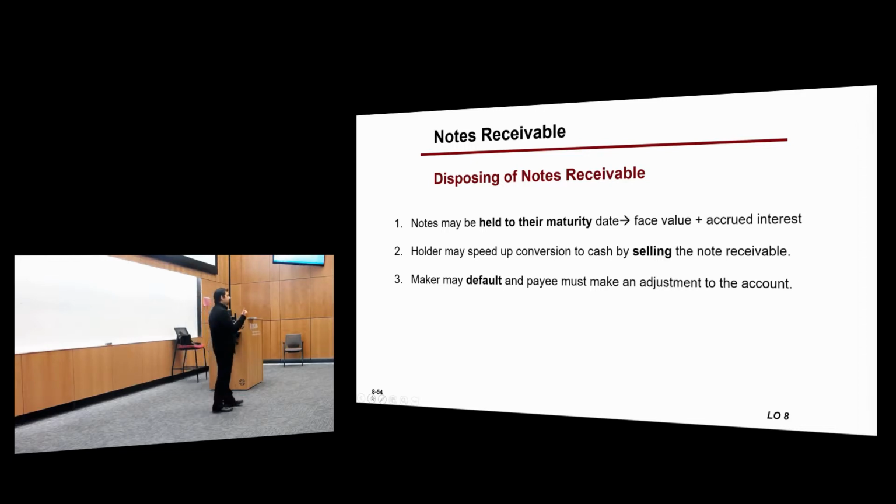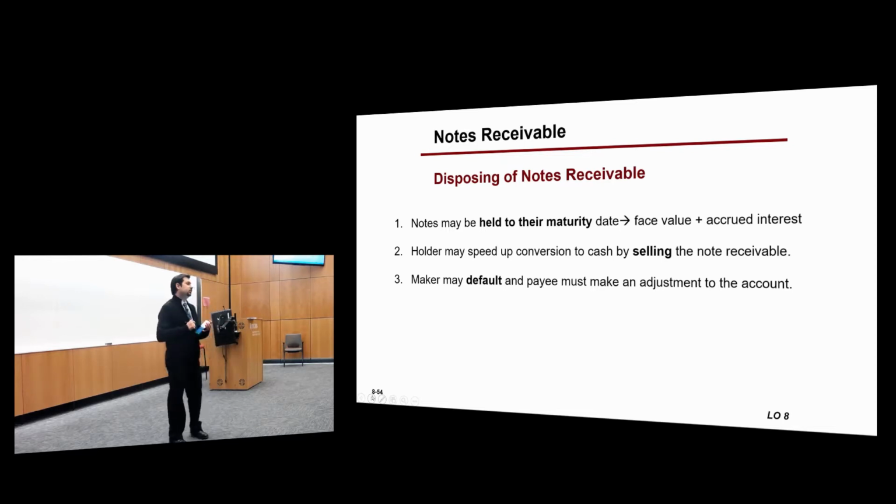This is given that the note receivable was paid, was honored. Okay? Sometimes, if the company has a note receivable, they can also sell it in the same way as they sell accounts receivable. They can sell it, or they can keep it until it matures, and then they get principal and interest.